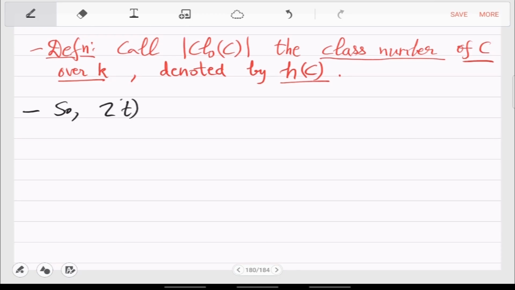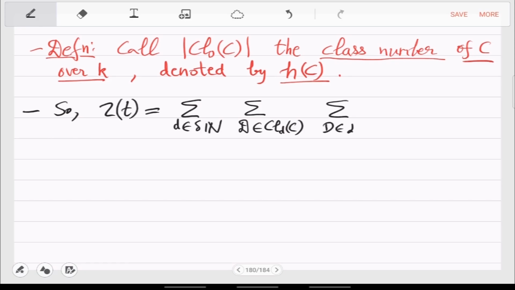So what does the zeta function become? This is the triple summation. Degrees are all non-negative, so multiples of delta, natural numbers, then you have the class, and then you have the elements in the class. Oh, and the sum always goes over divisors that are non-negative, right?